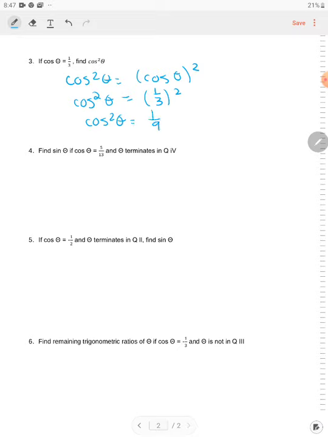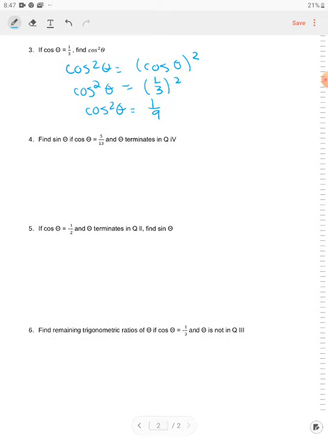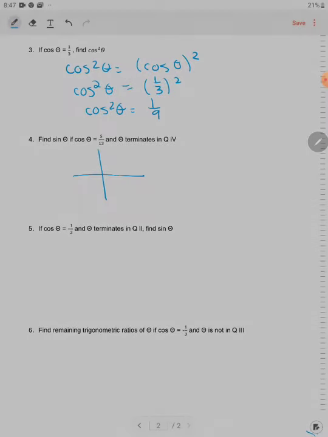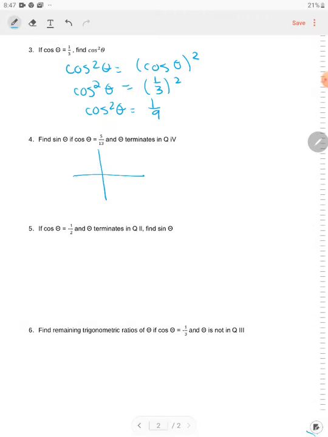Find sine theta if cosine of theta is equal to 5 over 13 and it terminates in quadrant 4. So what I would suggest we do is draw a picture. So cosine is x over r.